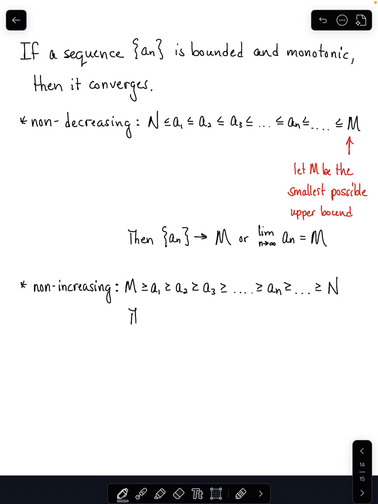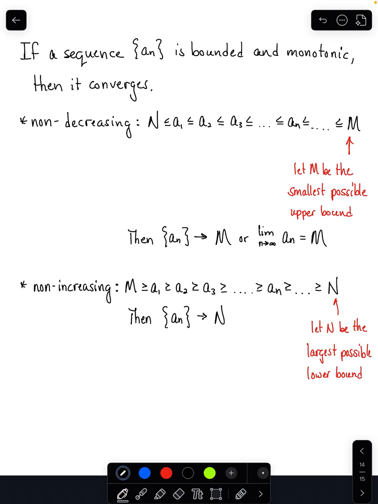In this case, again, using the same idea that big N is going to be the largest possible lower bound, then the sequence a sub n approaches big N. And in that case, this is equivalent to saying that the limit as n approaches infinity of a sub n is equal to big N. These are the very definitions of convergence.